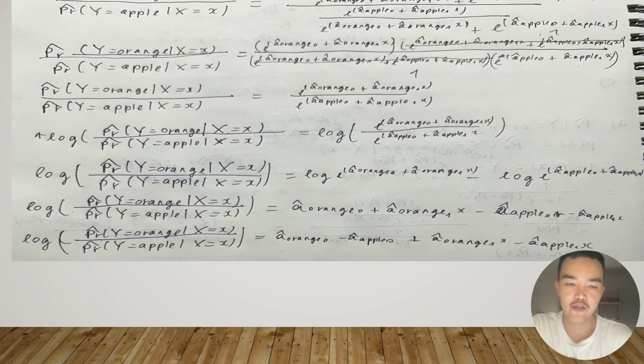So as we did in the previous problem, we took the logarithm of the left hand side and the right hand side, and we obtained a orange 0 minus a apple 0 plus a orange 1 x minus a apple 1 x. So this is the end.